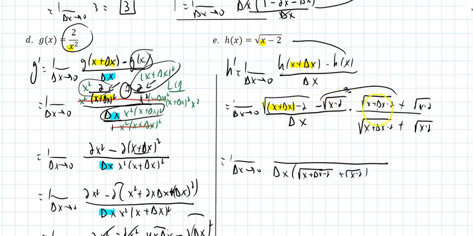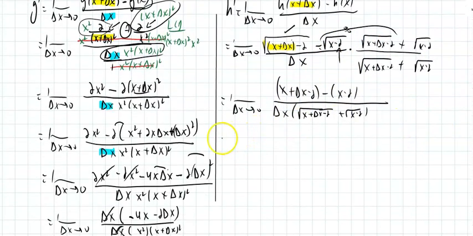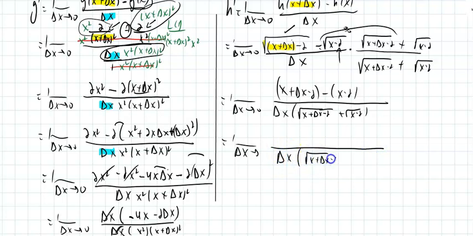As for the top, by multiplying by the conjugate, we're going to get the first squared, so that radical cancels out. Minus that squared, that radical cancels out. So anytime you see a radical, the way out is conjugates. And here you'll notice those cancel out and those cancel out.